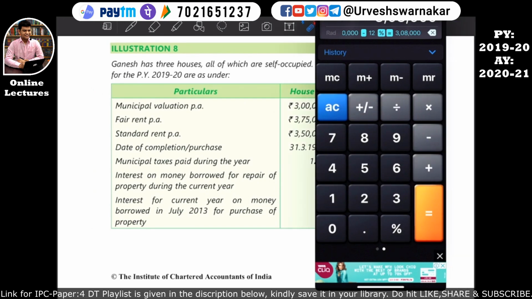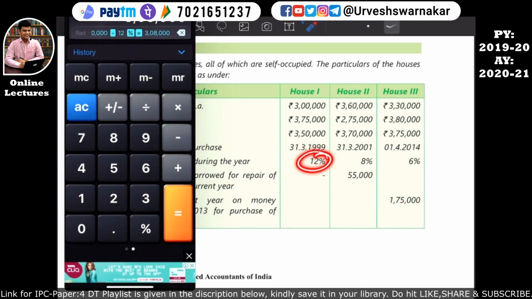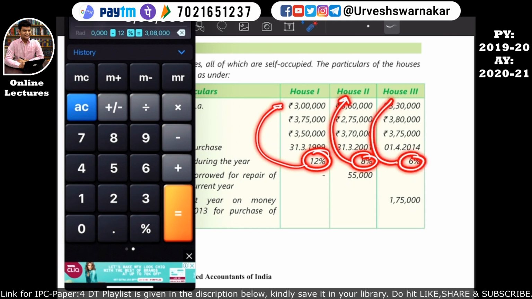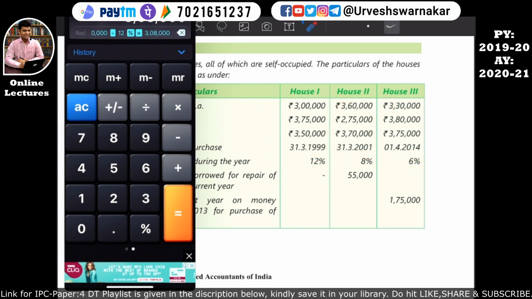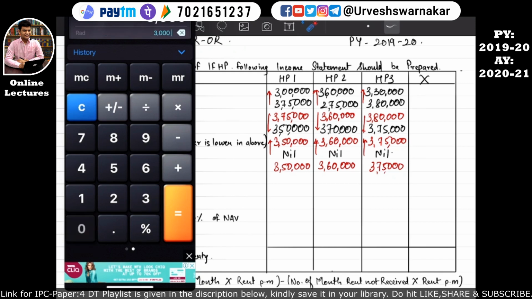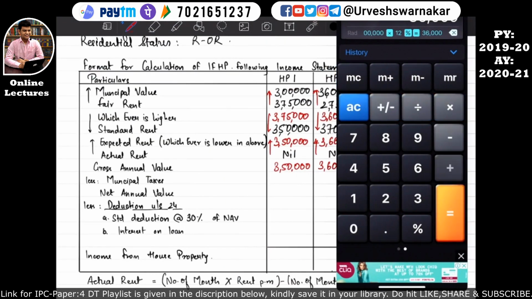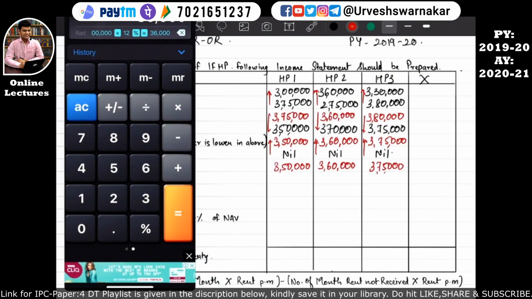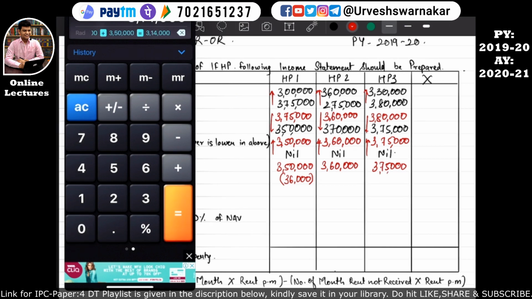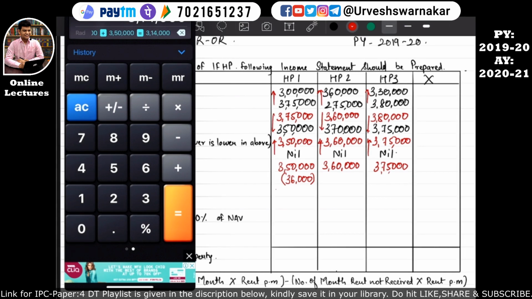The detail given in the question is municipal taxes for house property 1 is 12%, 8% in case of house property 2, and 6% in case of house property 3. So let's come back to our format book. On 3 lakh we will calculate 12%, which is equal to 36,000. 36,000 will be subtracted from 3,50,000, so our net annual value is 3,14,000.